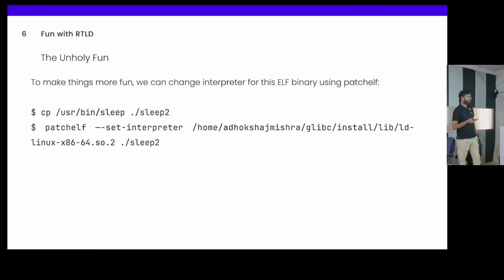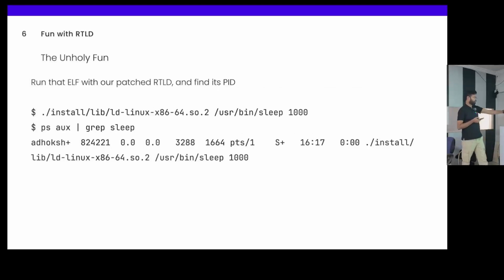Now we want to make it more fun, and we do not want to do this every single time because this will be stupid. This can be identified in incident response or threat hunting, something like that, and I do not want to be this stupid.